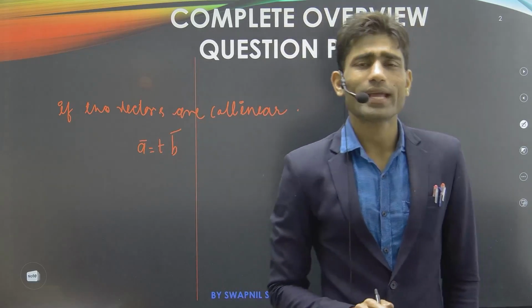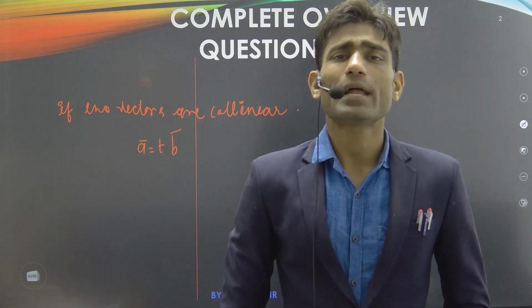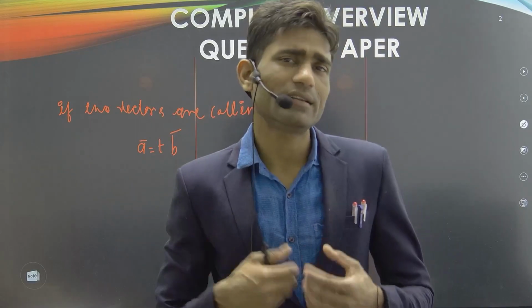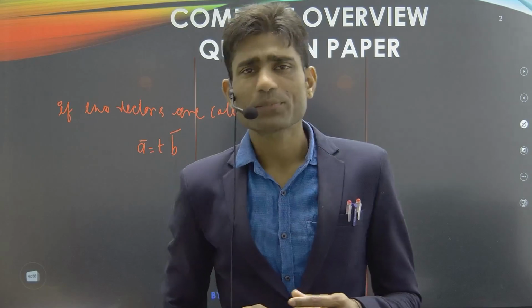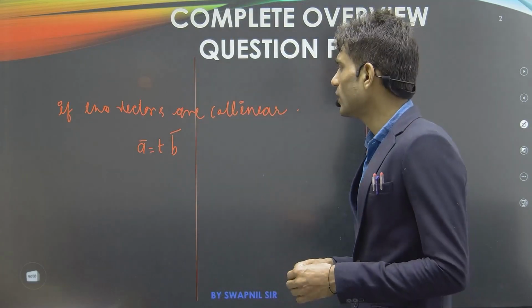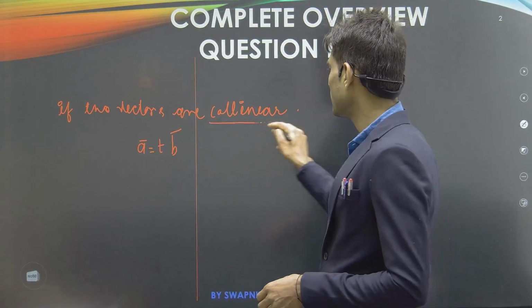So we can write position vector A bar as a scalar T times position vector B bar. This is the condition for collinearity of our vectors.